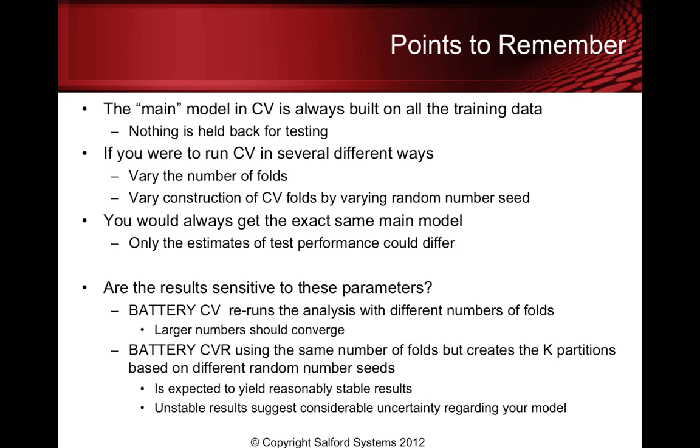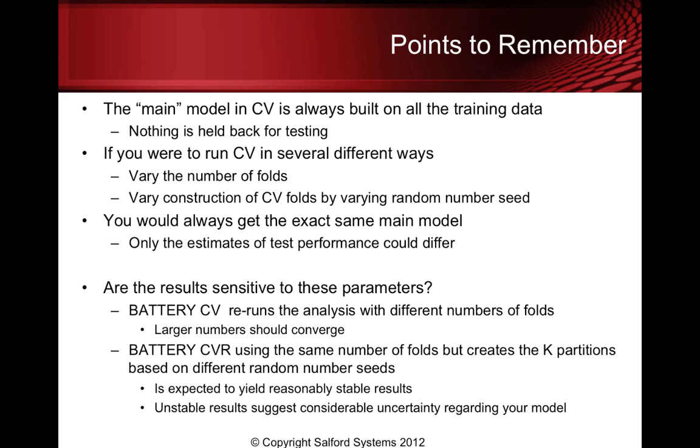But what will differ from one variation of cross-validation to another is the estimate of the test performance. So it's useful to know if the results are actually going to be sensitive to these parameters. If you run battery CV, you rerun the analysis with different numbers of folds. So as the number of folds gets larger, things should look stable.